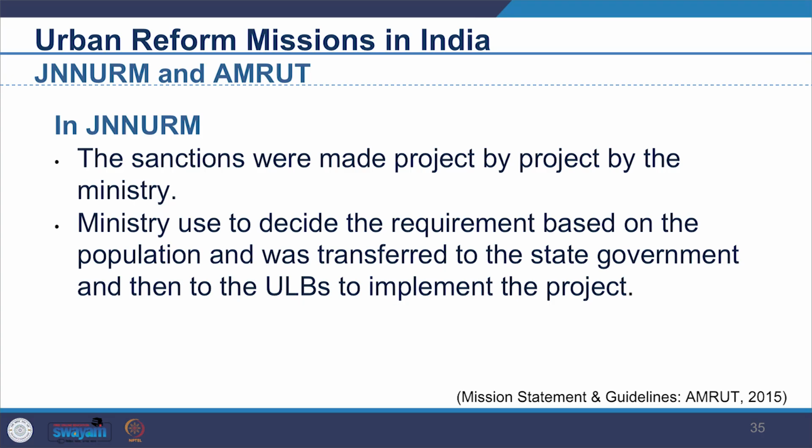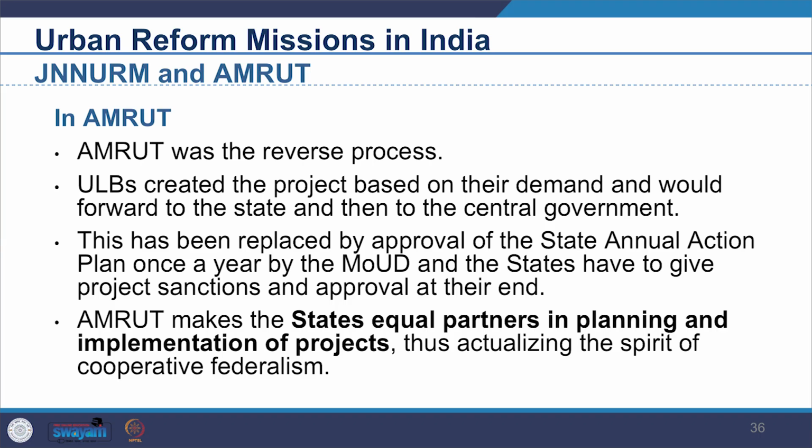Further, we saw in JNNURM, the sanctions were made project by project by the ministry. The ministry used to decide the requirement based on the population, and the project was transferred to the state government, and then the ULBs were to implement the project. So, we see that it was a top-down approach in JNNURM. Whereas in AMRUT, it was the reverse process.